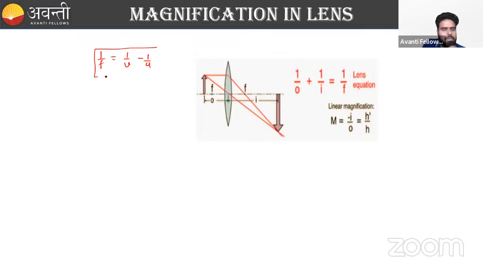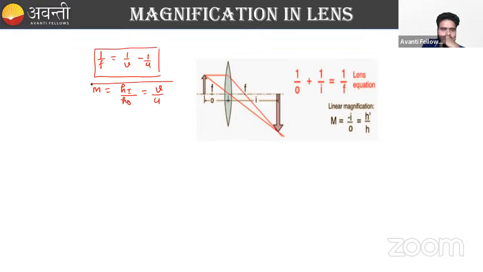This is the formula of the lens, and if we want to find the magnification, it is nothing but the size of the image upon the size of the object, and this result in the case of a lens is v upon u.